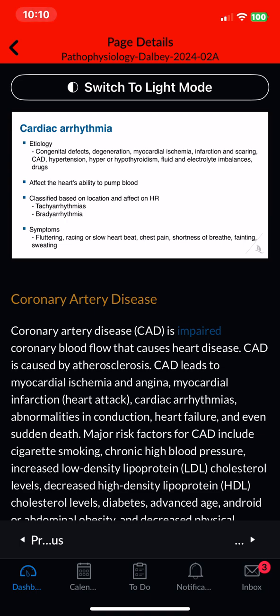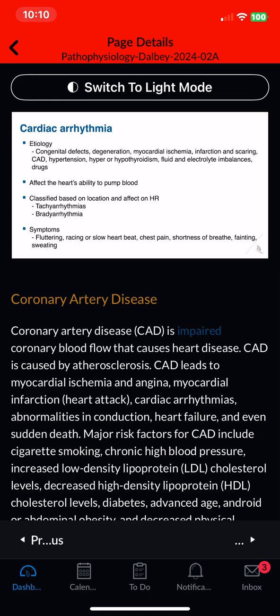Why arrhythmias can be detrimental is that they can affect the heart's pumping ability and therefore cardiac output. So arrhythmias are classified based on their location, either in the atria or ventricle, and their effect on heart rate. Tachyarrhythmias mean the heart rate will be above 100 beats per minute, which decreases the fill time of the heart and decreases cardiac output.